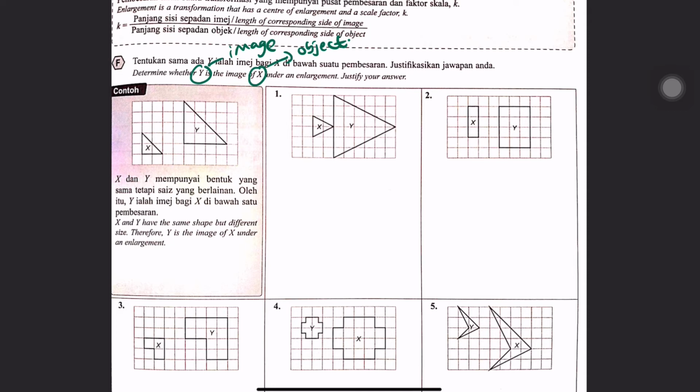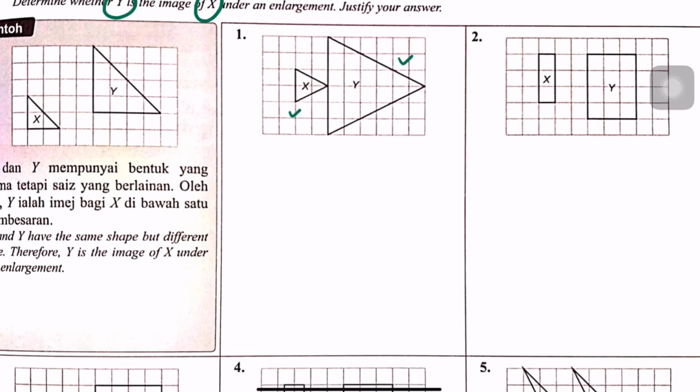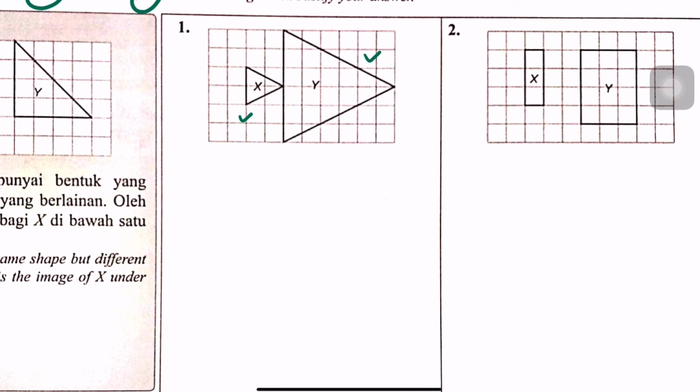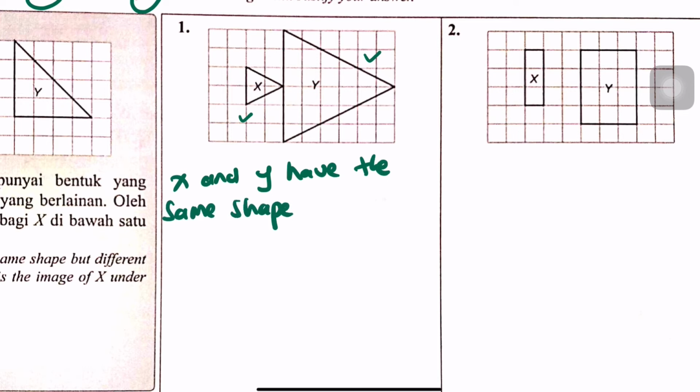So let's have a look. Okay, X is smaller, Y is bigger. So we can say that, let's zoom this. Let's say that X and Y have the same shape but different size.